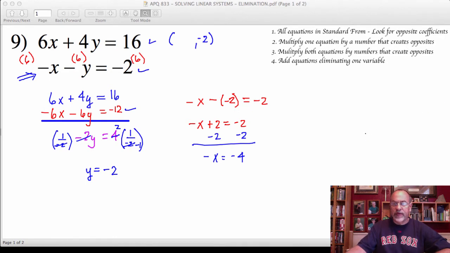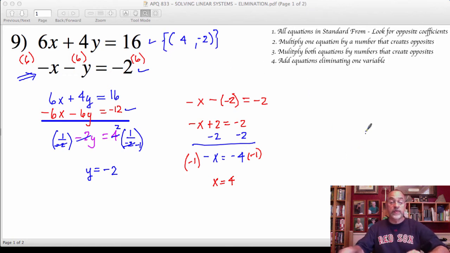Then I do have to solve for x by multiplying by negative 1 to get rid of that negative sign that's in front. So this negative times a negative makes that positive. But as always, if we do it to one term, we have to do it to all of them. So negative 1 times negative 4 here is 4. So the x value of my solution is the number 4. So the solution to this system is the ordered pair, 4, negative 2.